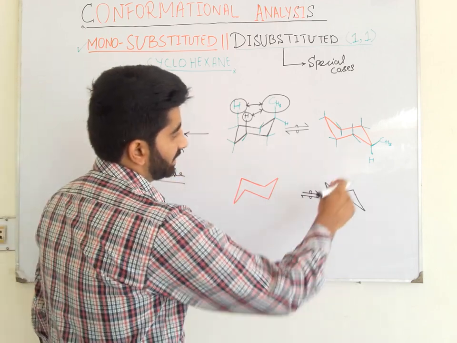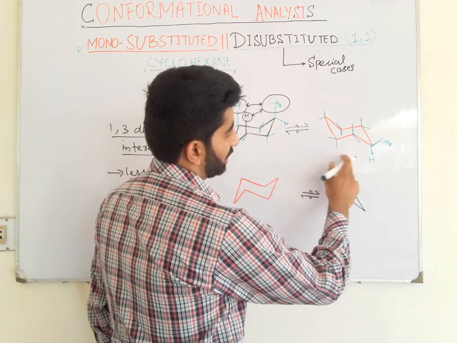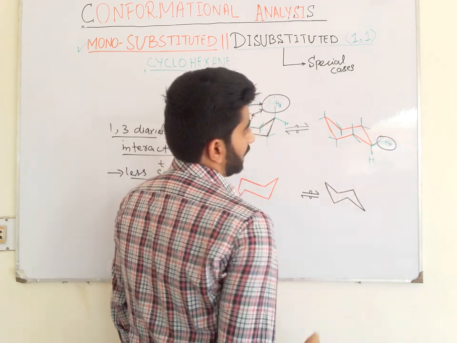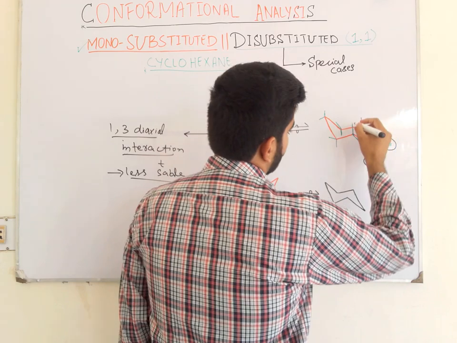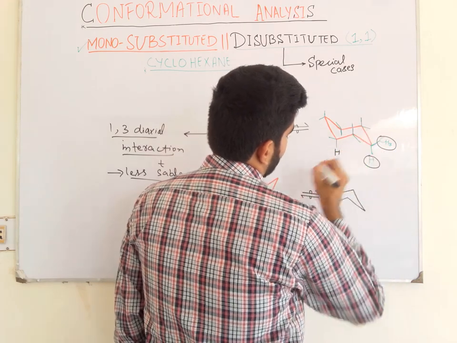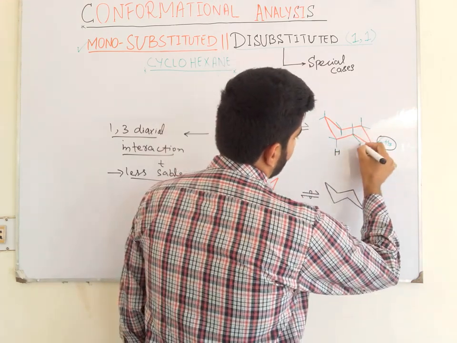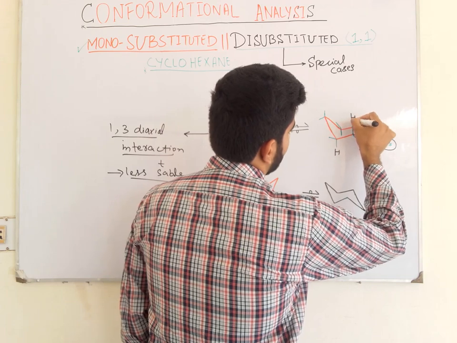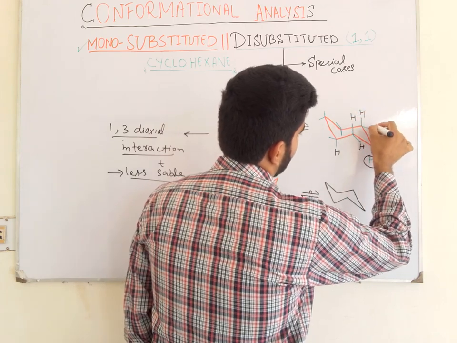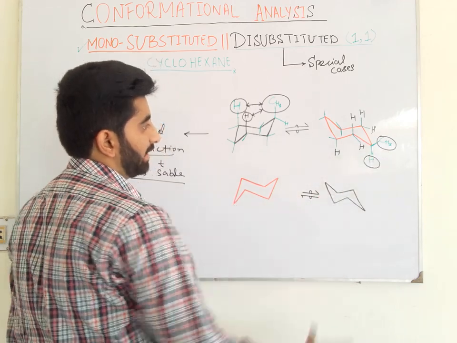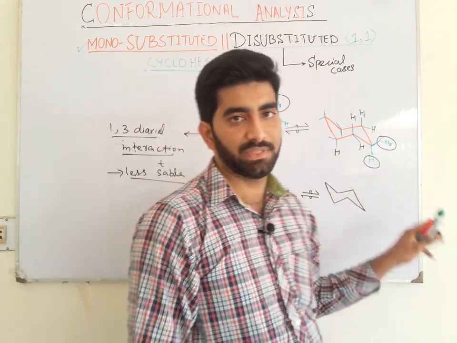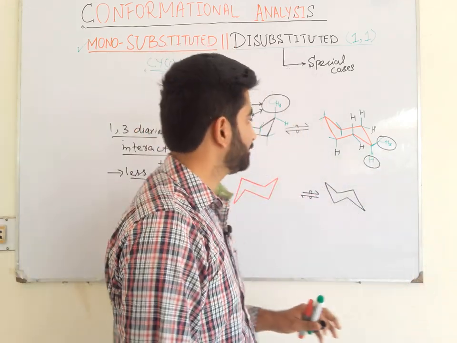And if we see this chair-like conformation of cyclohexane, in which the methyl group is at the equatorial position and hydrogen is at the axial position, we observe that there is no 1,3 diaxial interaction when the methyl group is at the equatorial position.